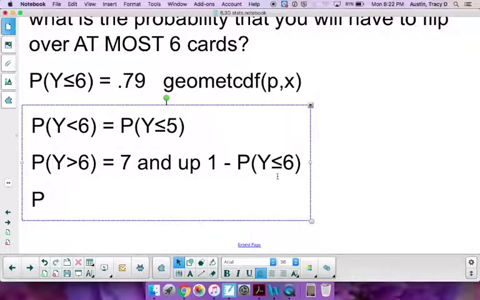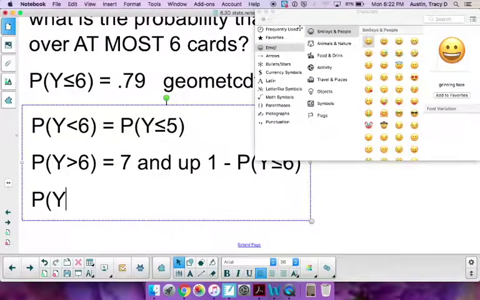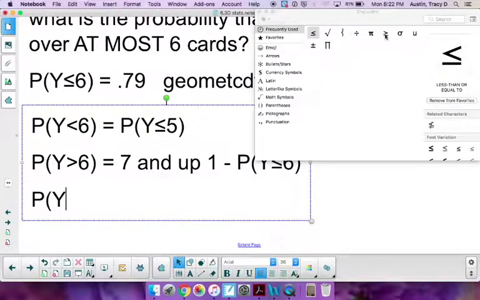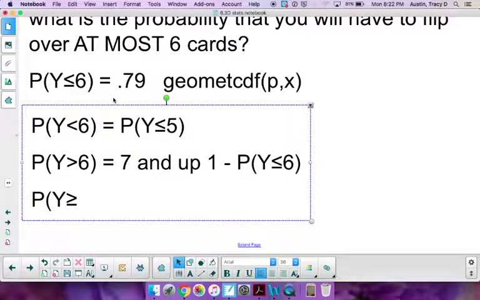Okay, what if I want to do a greater than or equal to? Again, same exact rule as yesterday. If I want to do a greater than or equal to 6, that means 6 and up is what I am counting, right?